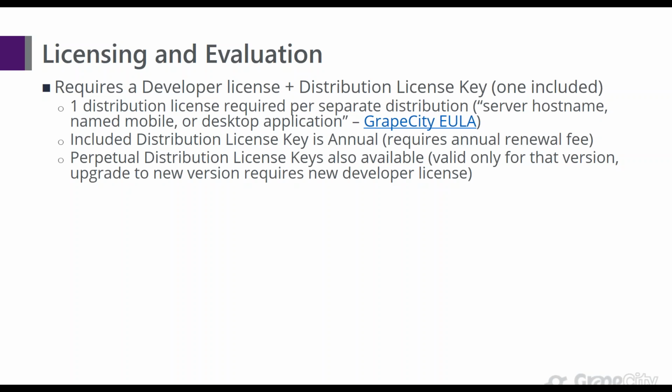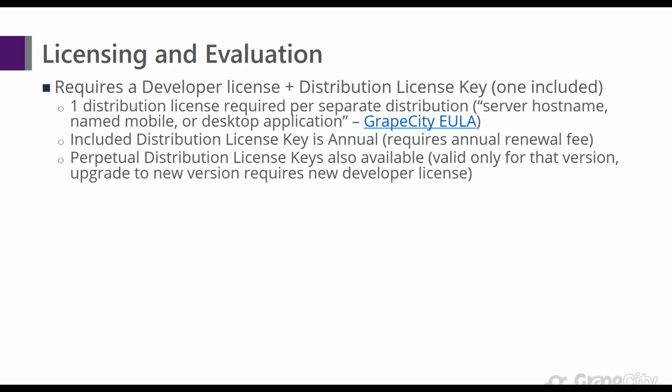One distribution license key is required per separate distribution, and a distribution is defined as a particular server host name that's being deployed for a web application, or a named mobile or desktop application that's being deployed.